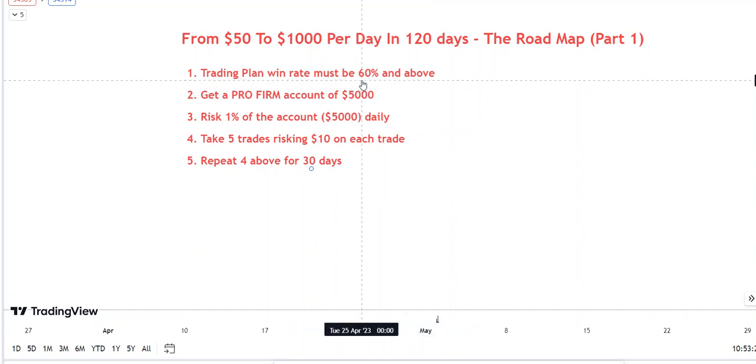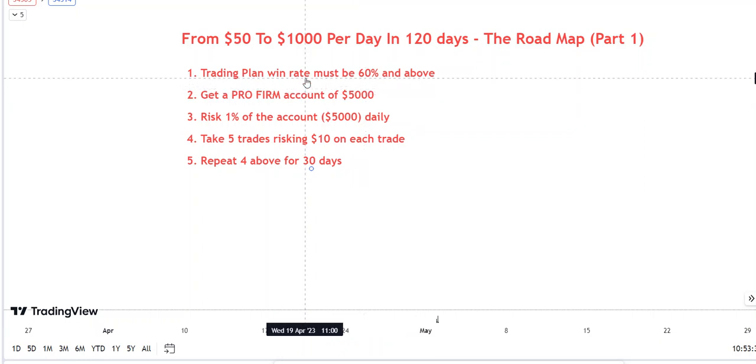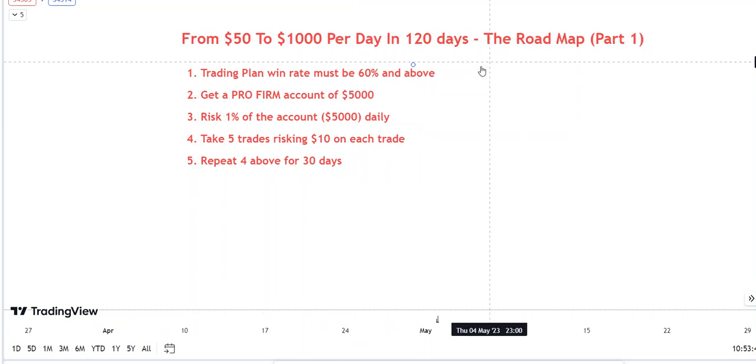That is, if you look at a space of 1 month, all the trades you have taken, you look at the wins, and the wins must be 60%. If it is not 60%, you might have a little challenge achieving this purpose.